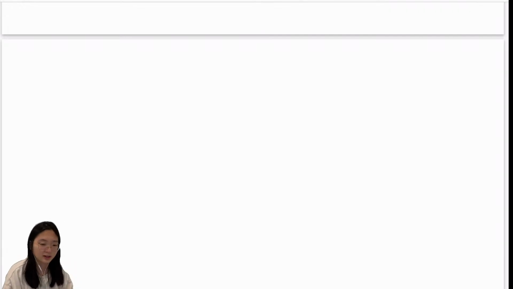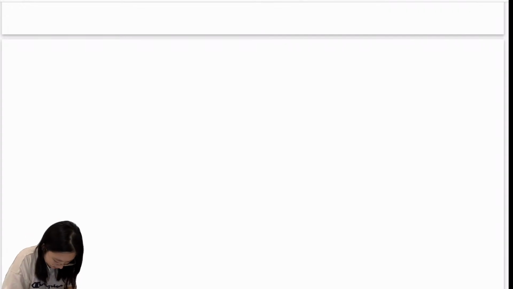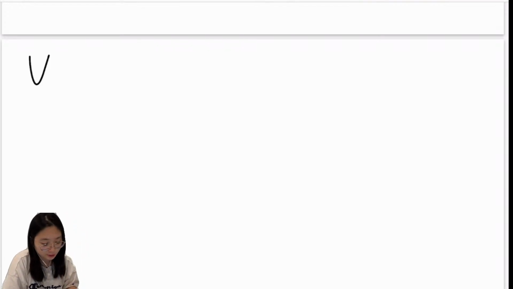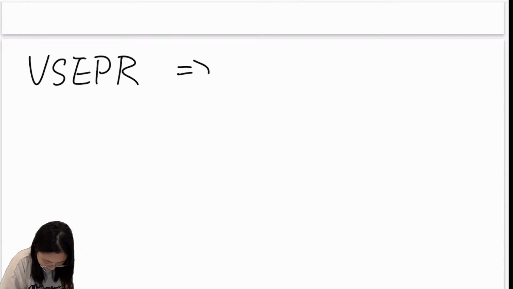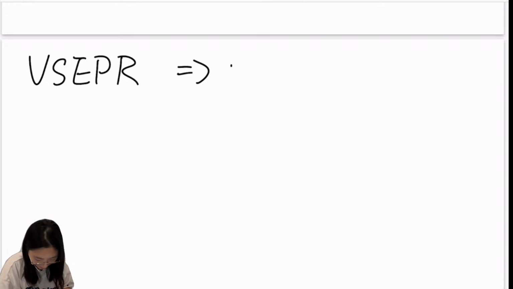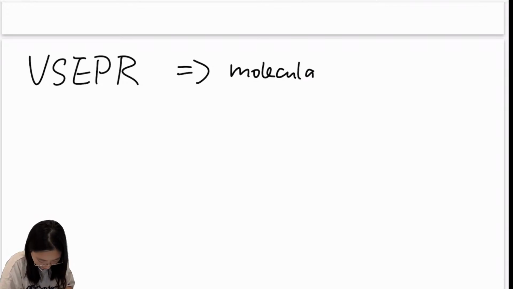For the bond angle, you need to know VSEPR theory, the valence shell electron pair repulsion. What it is used for is to determine the molecular geometry of any molecule.